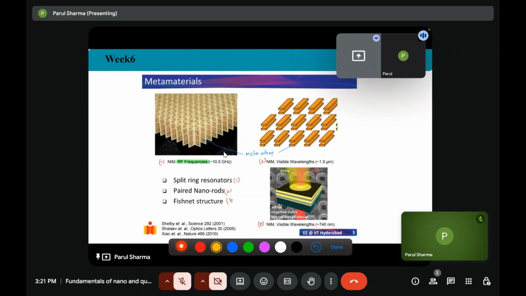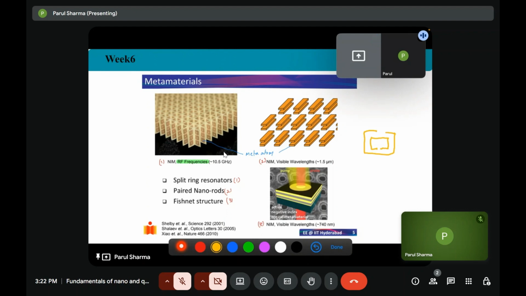So for that case it was initially designed. These were the split ring resonators. It is of a shape like this, and one like this. These are called double split ring resonators, one inside the other.